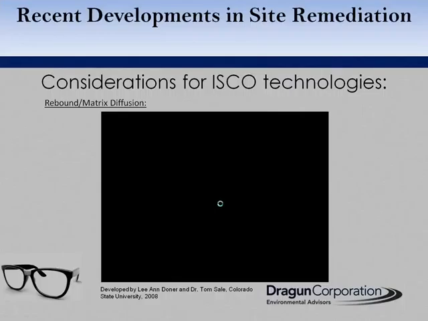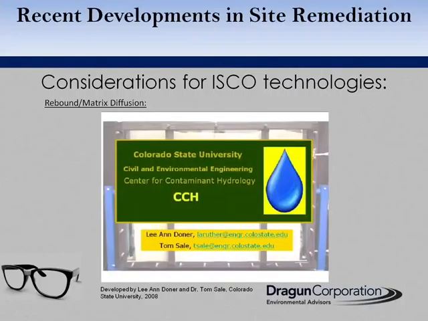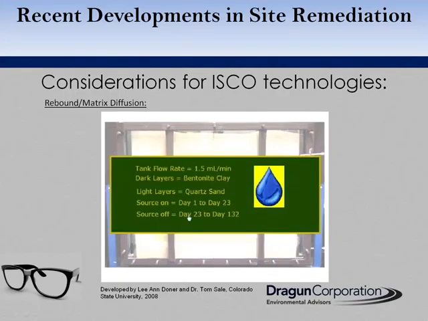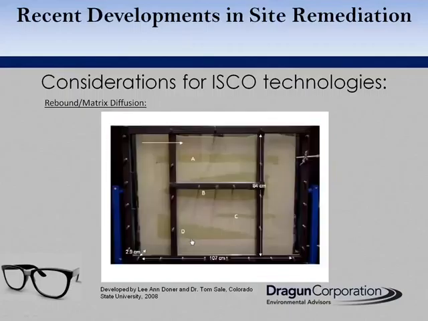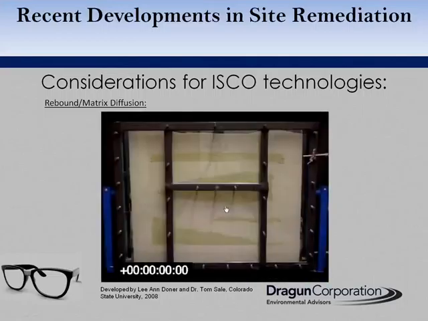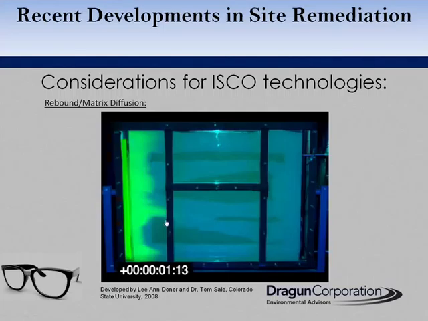So I'll go ahead and start the video here. The flow is from left to right, and the darker layers are the bentonite zones within the aquifer. The lighter color is the sand layers.